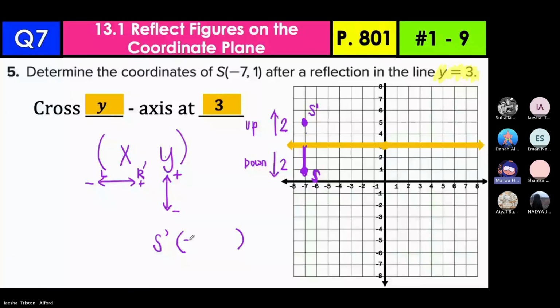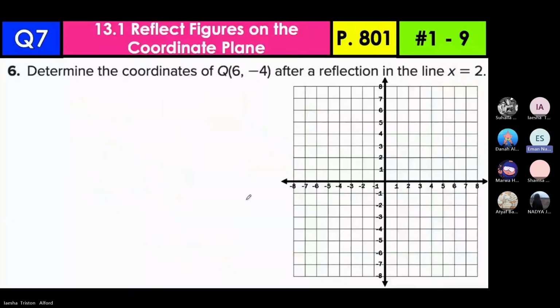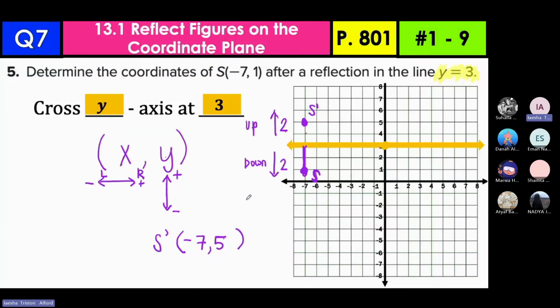-7, +5. Okay, I don't understand. Tell me again. From where did you bring -7, 5?